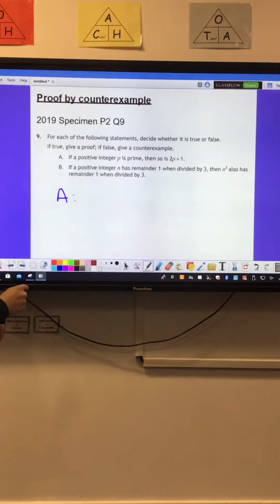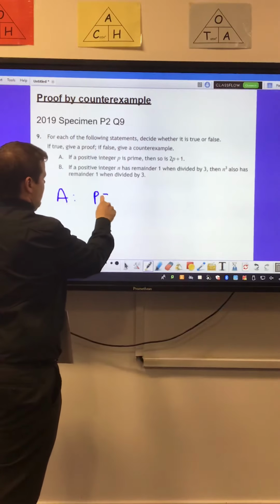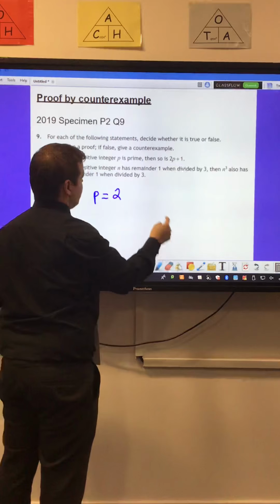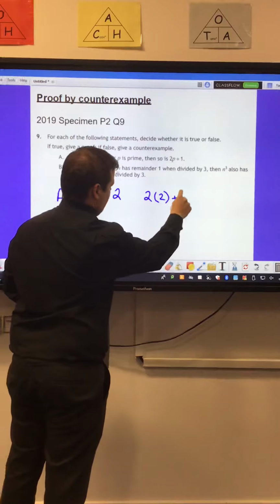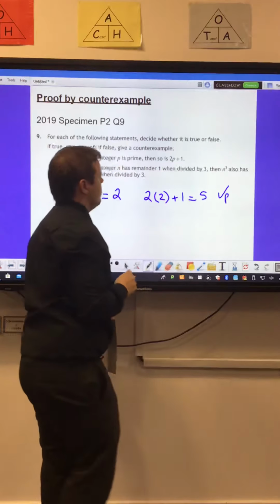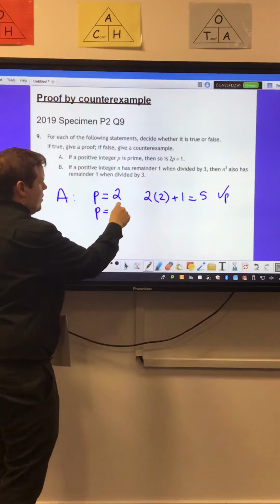If a positive integer p is prime, then so is 2p plus 1, right? Let's just start with the prime numbers and we'll keep going up. We're going to expect one of these not to work. So p equals 2. That's going to give you 2 lots of 2 plus 1, which is 5, which is prime. Okay, so that works. What about p equals 3?